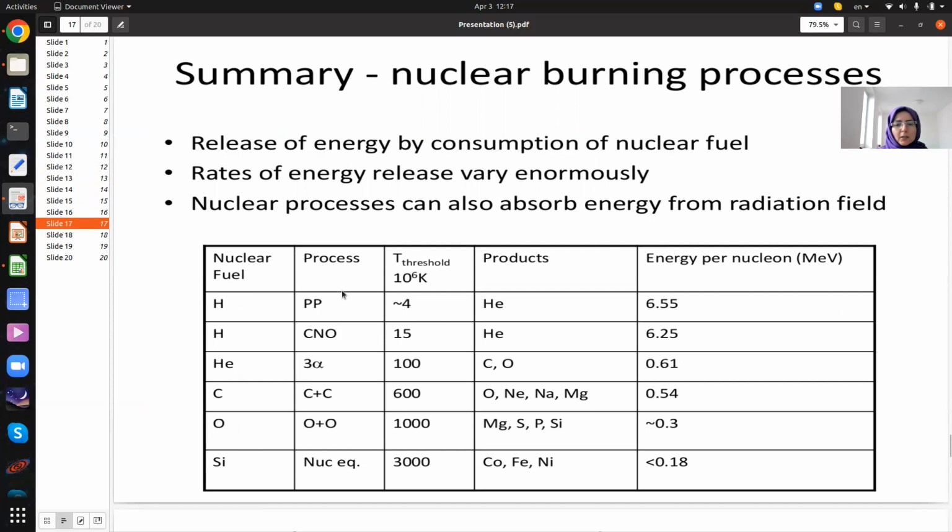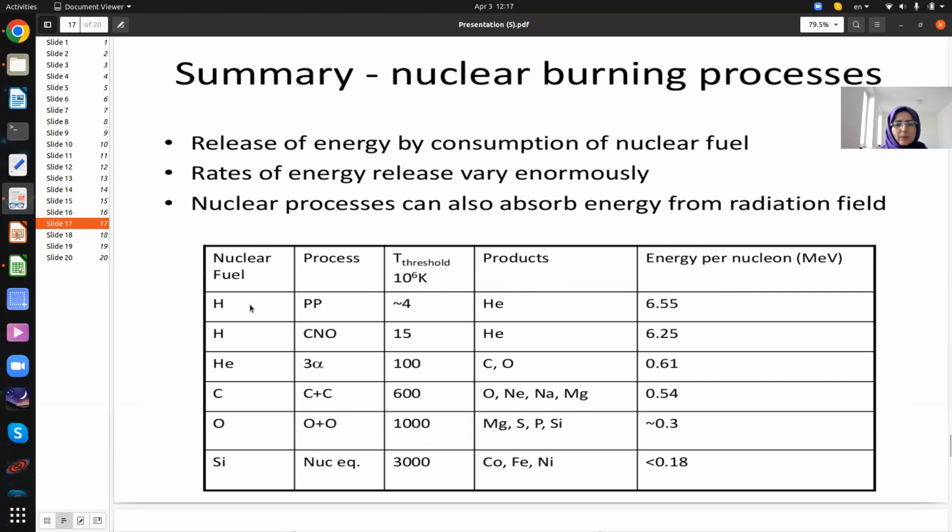And you see the processes, PP, CNO, and so on. The temperature threshold is 10^6 Kelvin, as you see here, and the products, and then the energy per nucleon in mega electron volts.